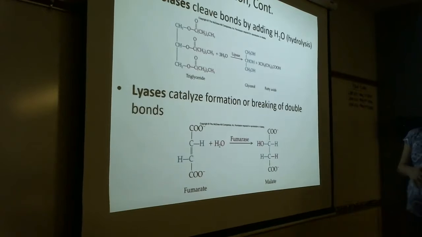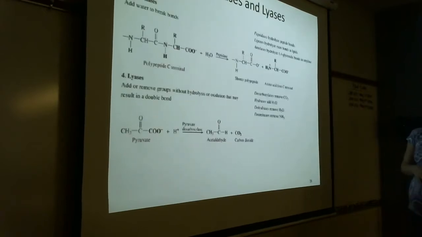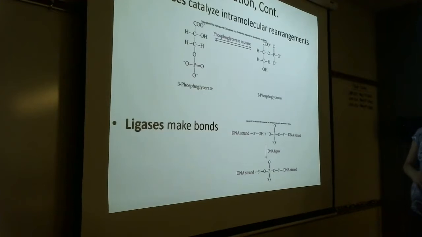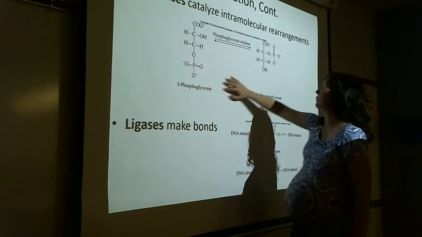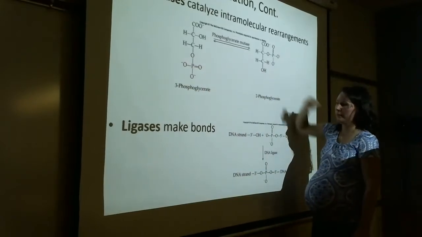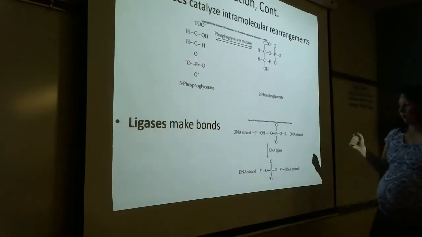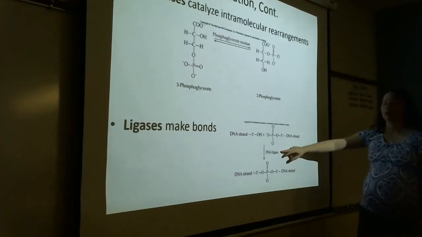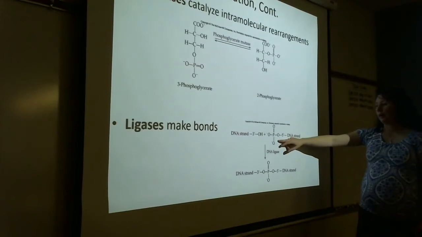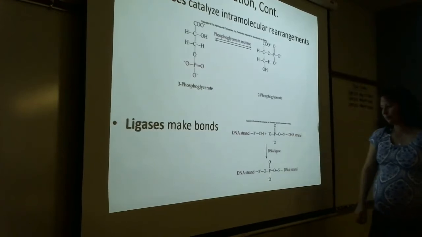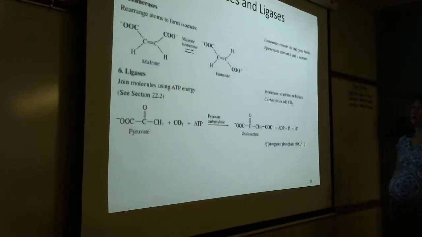Makes sense, makes sense. And that's just a figure from another textbook. Isomerases are changing the shape. Right, so you're taking the phosphate group, moving it over here. And ligase, this is the example we talked about when we were doing DNA. Right, this is the example where we're making the phosphodiester bond. This is just from another book.